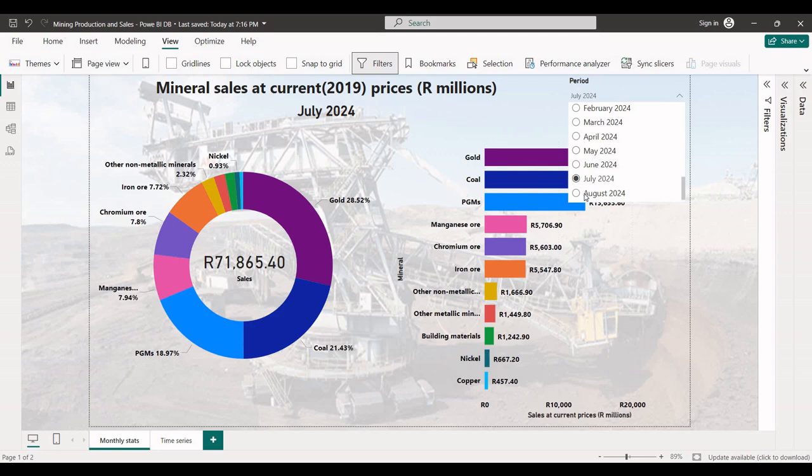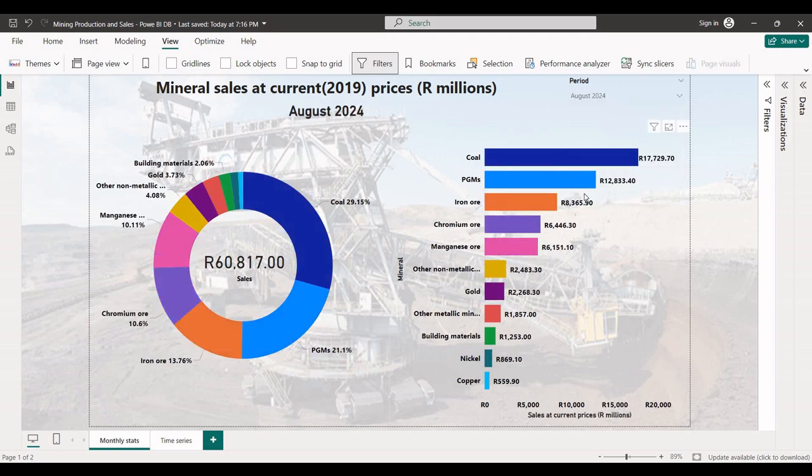As mentioned, the latest data is August 2024, but going through the publications, I managed to find data all the way back to April 2022.